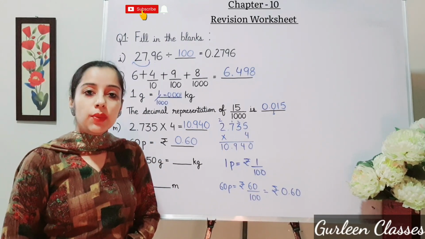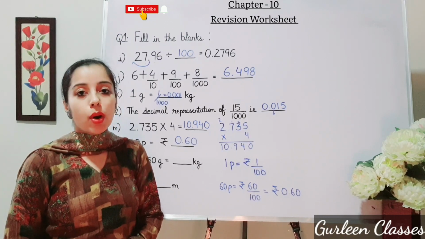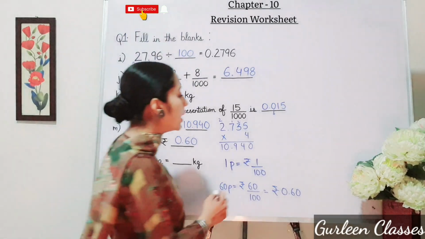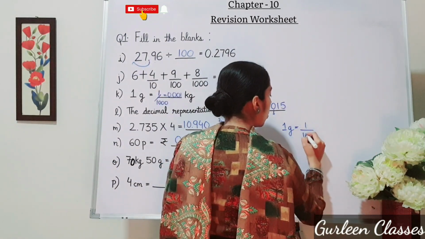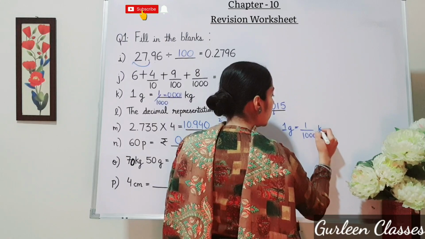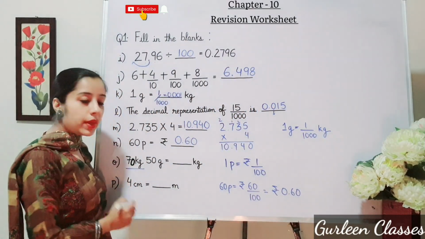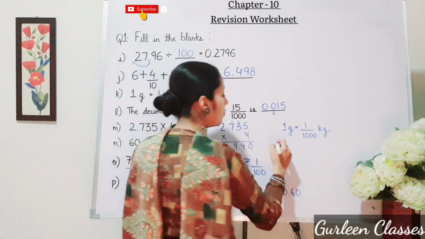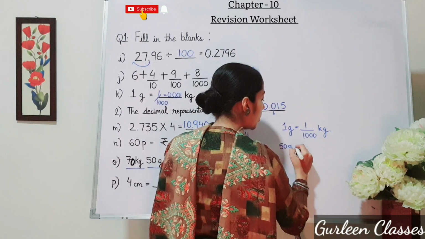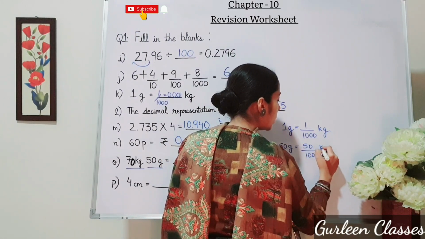Next, 7 kg 50 gram is equal to how many kg? 1 kg is equal to 1000 gram. And 1 gram is equal to 1 upon 1000 kg. So here this kg will remain the same and we will convert 50 gram into kg. So 50 gram is equal to 50 upon 1000 kg.